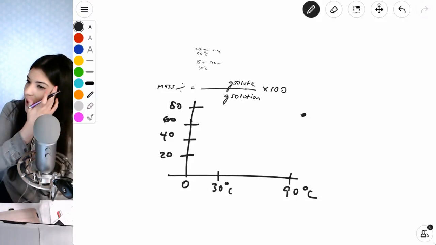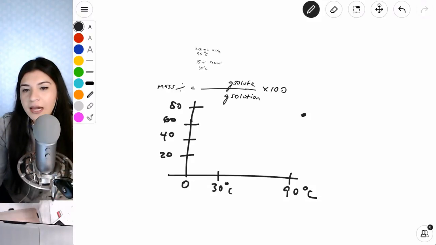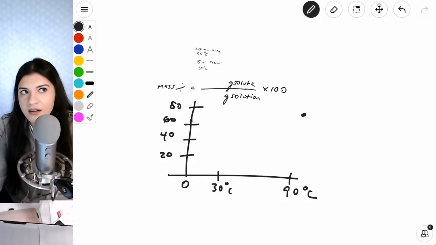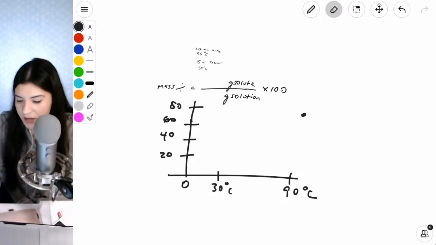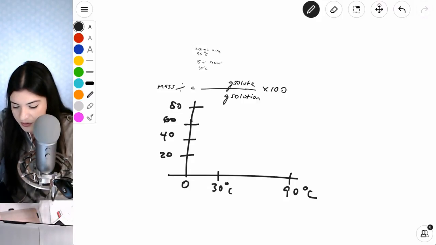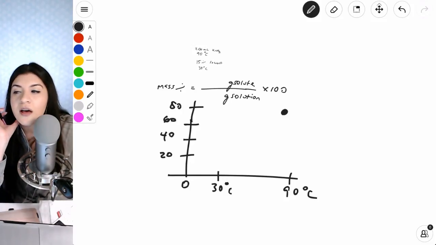If something is saturated, that means that there's more solute in the solution. And if it's supersaturated, then there's even more solute in your solution. If it's not saturated, then you don't have too much solute in the solution. Okay, I think you get where I'm going with this. But since this says it's a saturated solution, I'm going to put this a tiny bit lower, but this would have been roughly, actually, no, that was fine. It's roughly like 80. And then, like I said, you would have to look at a table for this.